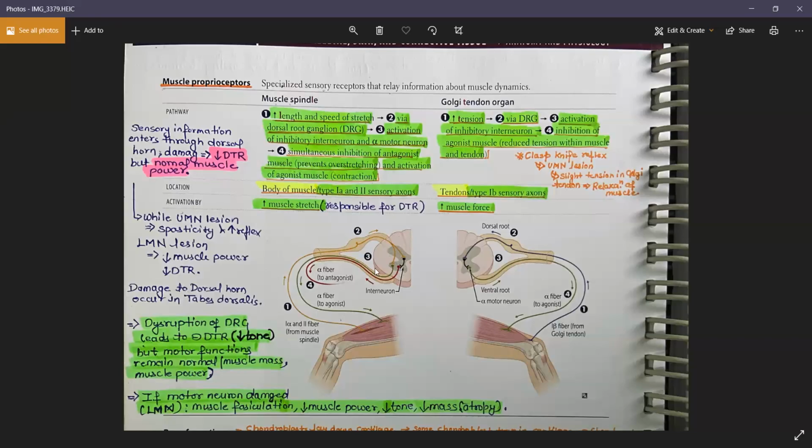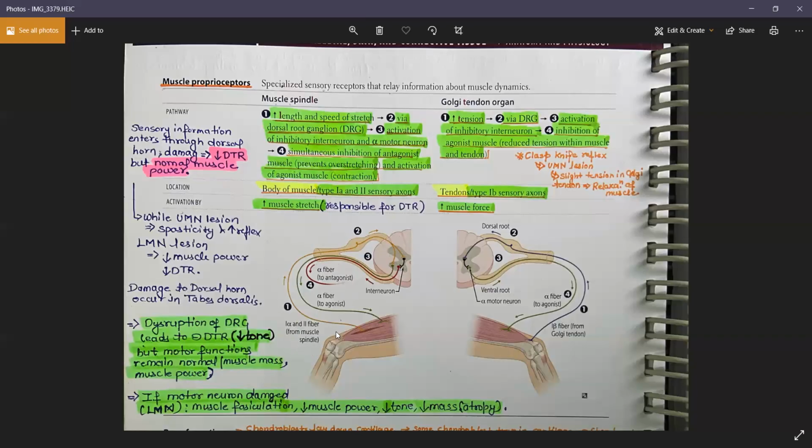And please remember, the motor neurons are alpha fibers. They have a very high speed and high conduction. That's why they will cause a contraction without any delay, or with a very minor delay. So every reflex that you know in the muscles is because of these muscle spindles.